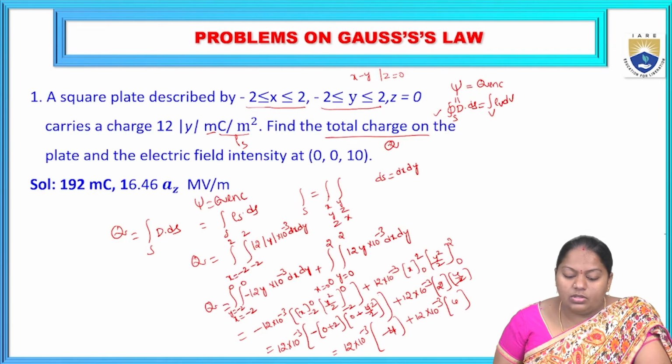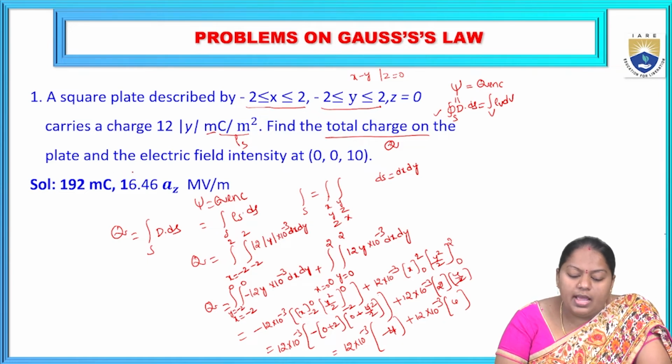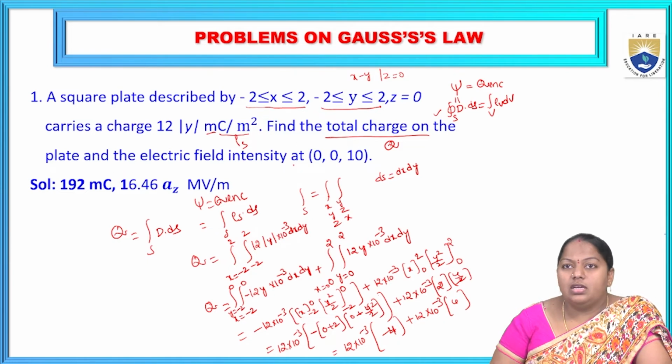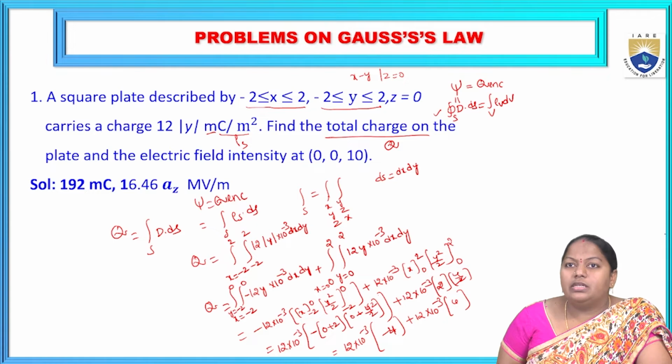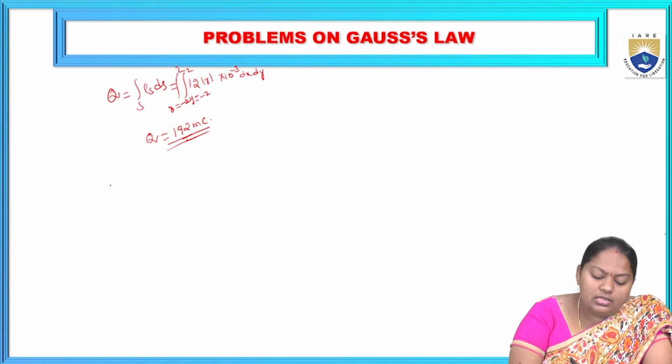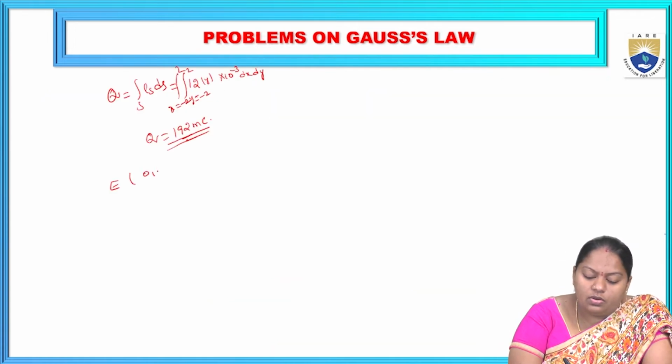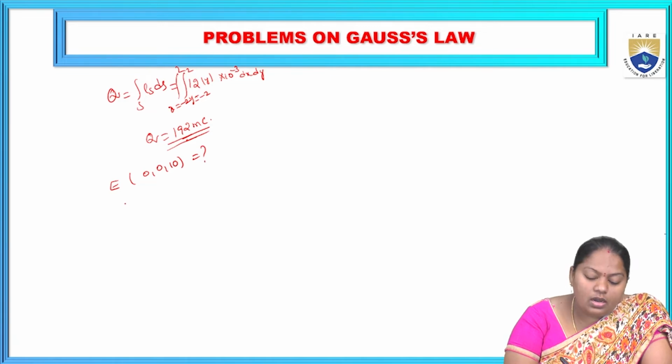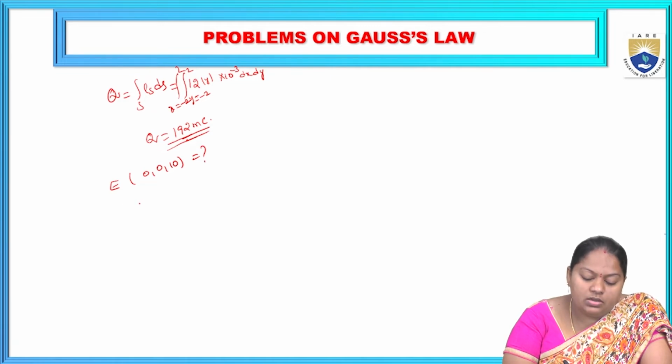Now, along with the charge, find the total charge on the plate and the electric field intensity at 0, 0, 10. Generally, the electric field intensity E at 0, 0, 10 we need to find. So E related to this charge density is equal to integral s rho s ds by 4 pi epsilon naught r square into AR.